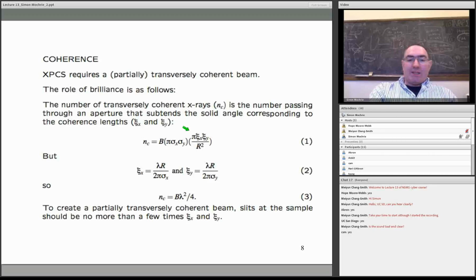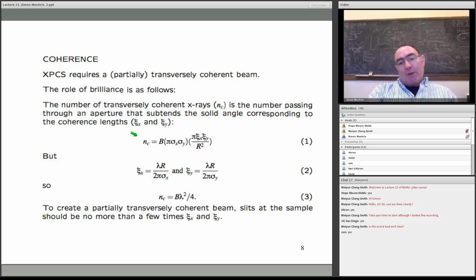But then there's a relationship between the coherence lengths and the source size given by this. And so if you substitute in these expressions for the coherence lengths back into here, what you discover is that the number of coherent photons is equal to the brilliance multiplied by lambda squared and really nothing else.